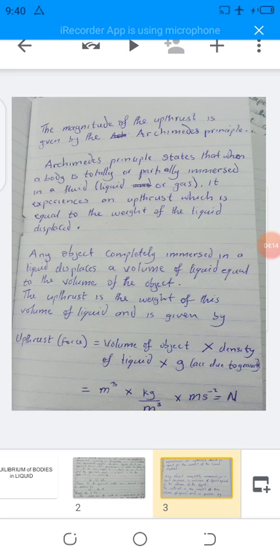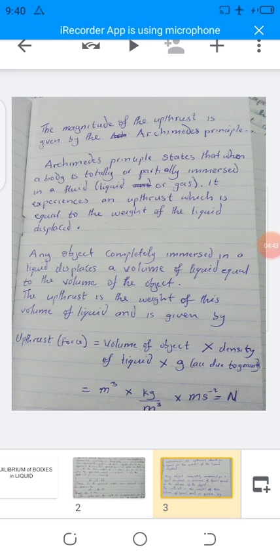Let me quickly cite an example on that. Let's say you have a bucket in front of you, and you fill up the bucket with a little water, then you mark the level at which the water is. Immediately you drop an object inside the bucket of water, the level of the water will rise to a new level, which you call L2.